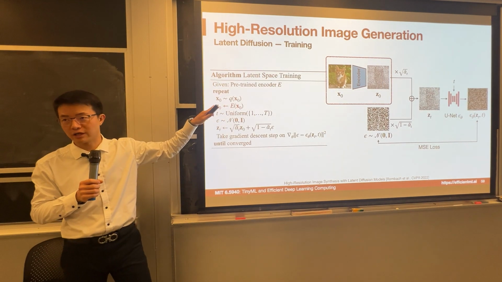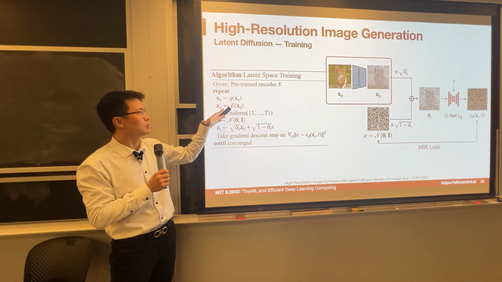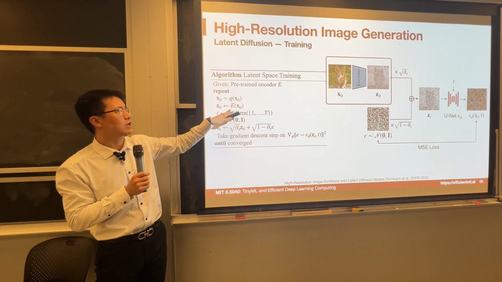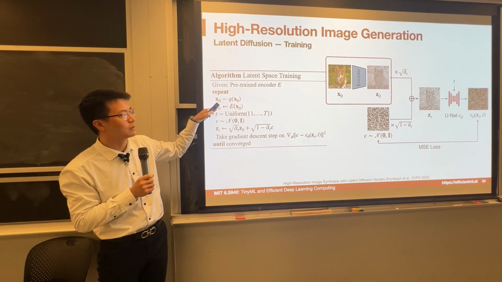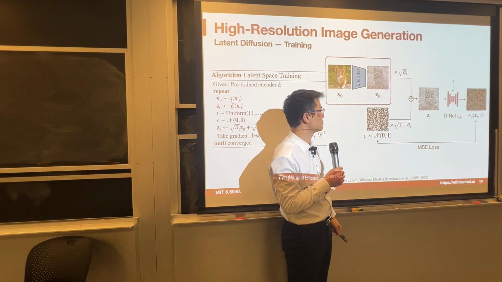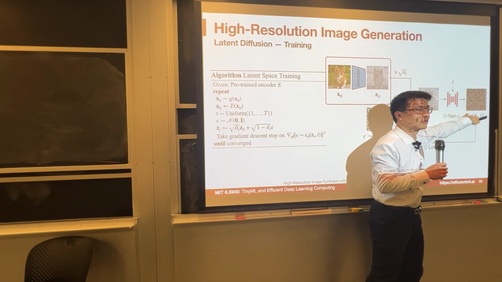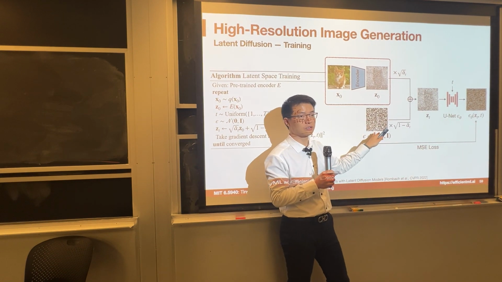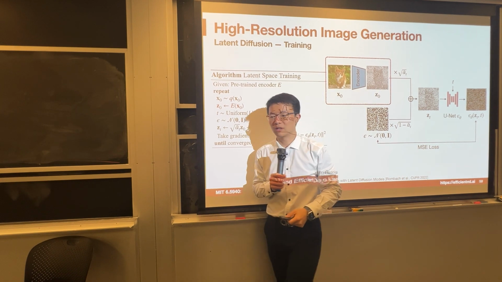And algorithm-wise, it's actually just one line of code here, very simple. We just pass the original input image into an encoder and get a latent space. And we run the diffusion process in the latent space. Okay, so we add noise, pass it through the UNet to predict the noise and try to minimize the loss. The only difference is here: we pass it through an encoder to make it have a lower resolution.